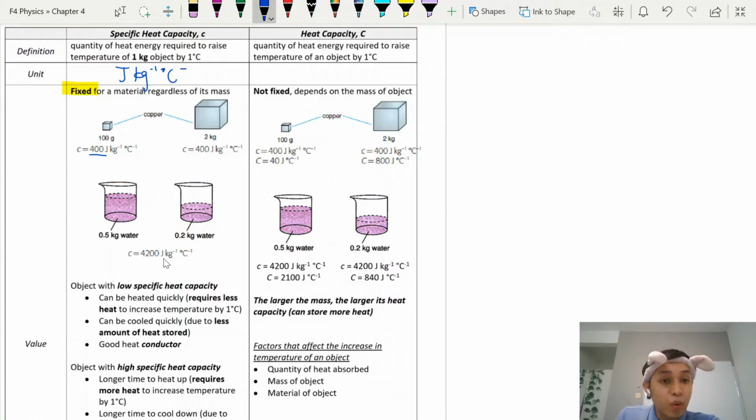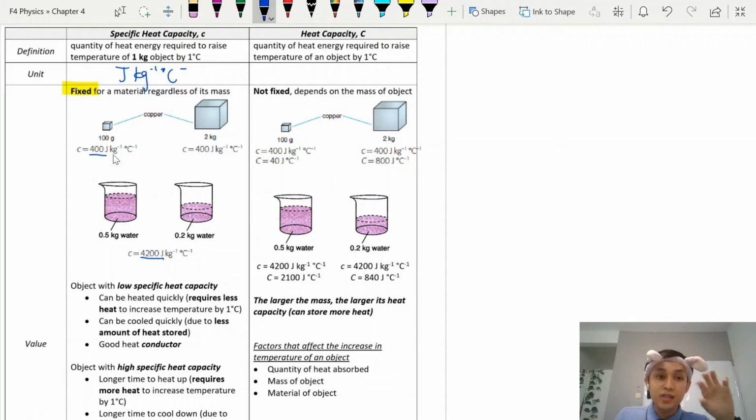Whereas for water, if I want to increase 1 kg of water by 1 degree Celsius, I need to give them 4,200 joules of heat energy. So this value here is basically a reference value, a standard value.